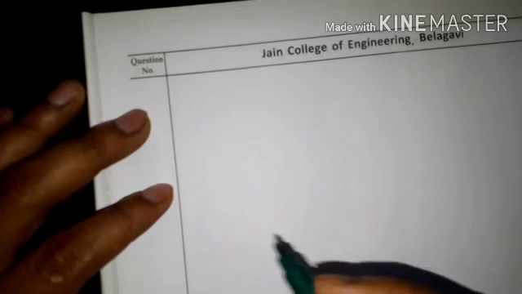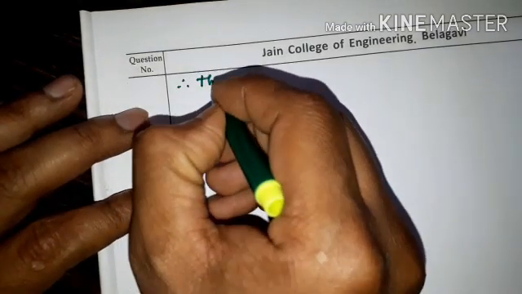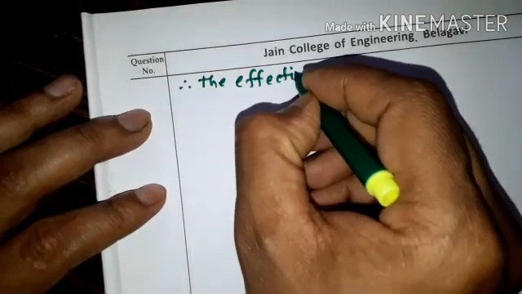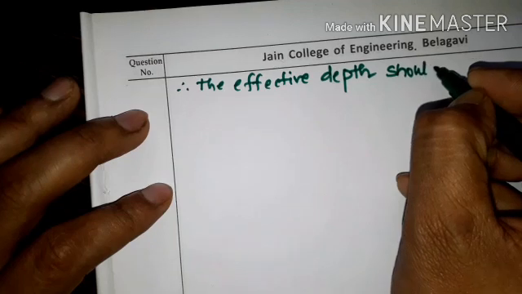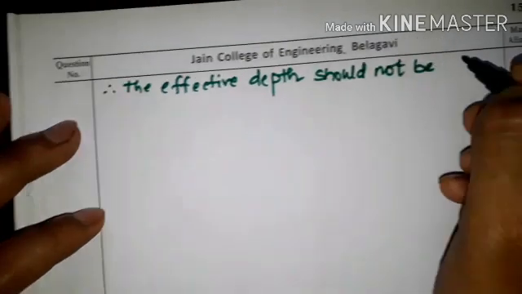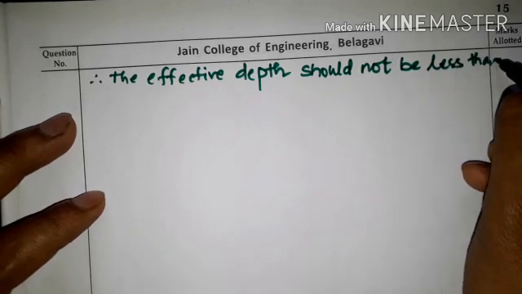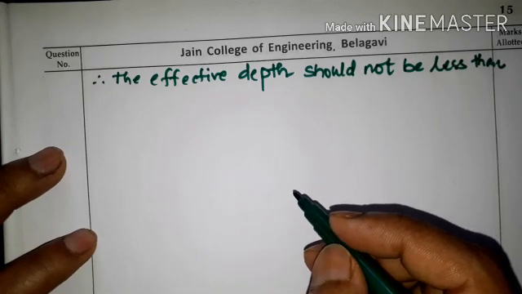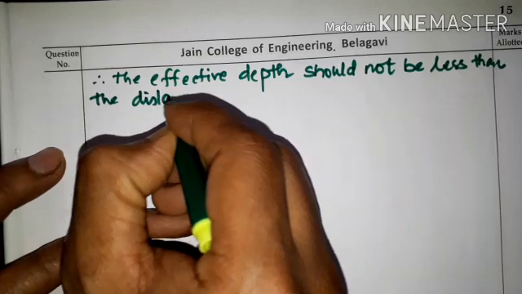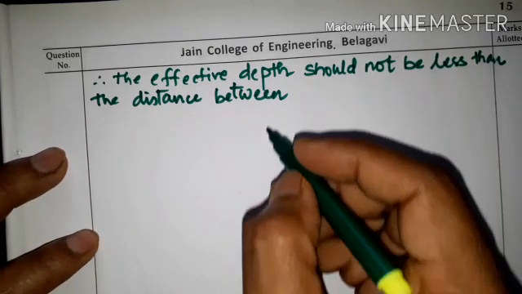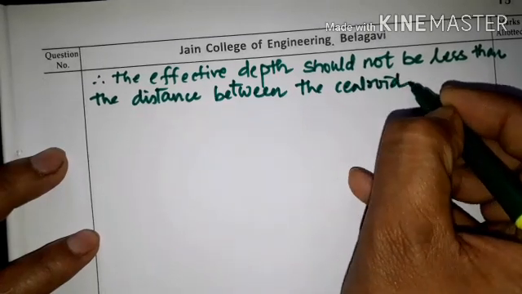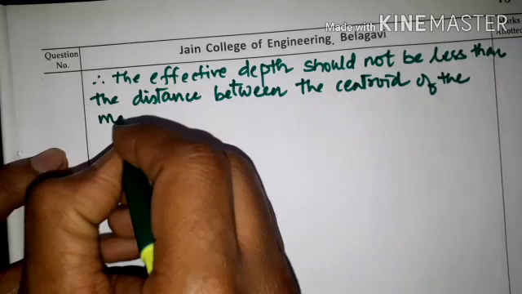Here the effective depth, as mentioned in the clause, should not be less than the distance between the centroids of the main members.